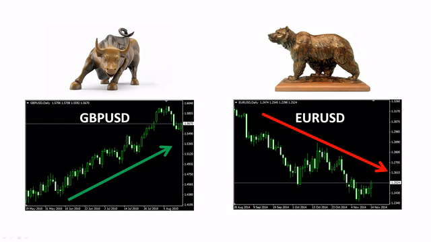move downwards. There is a bit of a difference between the Forex market and the stock market, because in the stock market, people associate bears with negativity or a pessimistic approach, since the bears are selling, and when you sell a stock you think that the company is going to underperform, it's going to fail, and you want to short sell that stock, and we'll talk about short selling in one of the future tutorials.